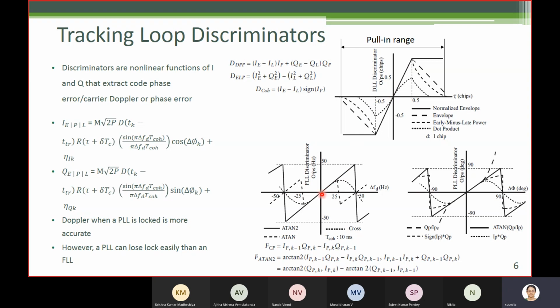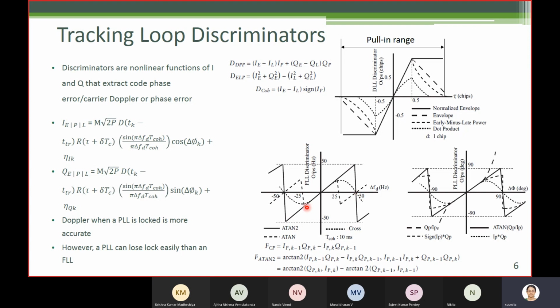Similarly, in case of the FLL discriminator, there is a pulling range, which is a function of the coherent integration time. So this solid line here shows the ATAN2 discriminator, FLL discriminator. The corresponding function is shown here. Its pulling range is plus minus 50 Hz.